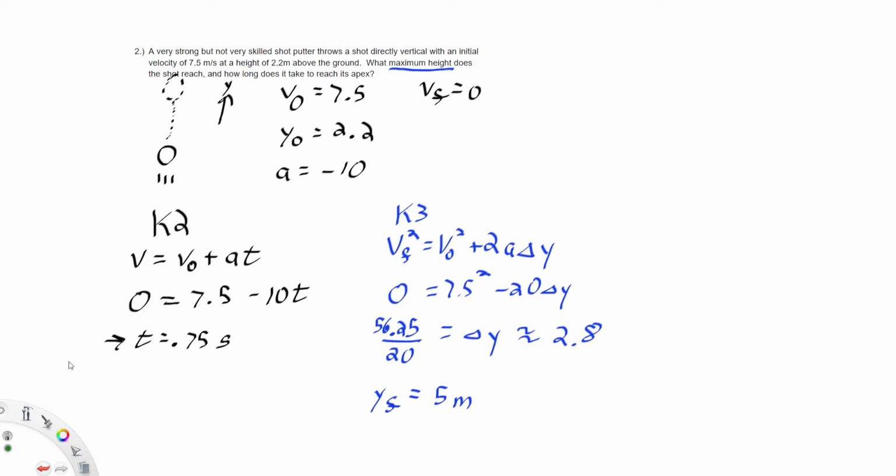You could also definitely have done this problem using K1 instead of K3 once you had time, right?